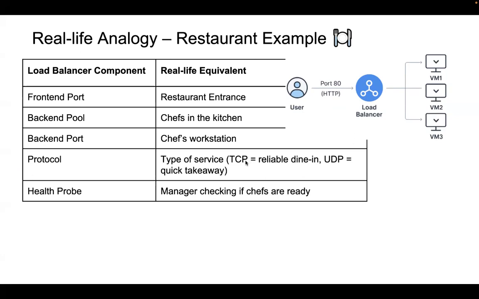So here TCP and UDP are the protocols which make sure the requests are going. With Transmission Control Protocol, you send a request packet and it goes from the load balancer to the VM.